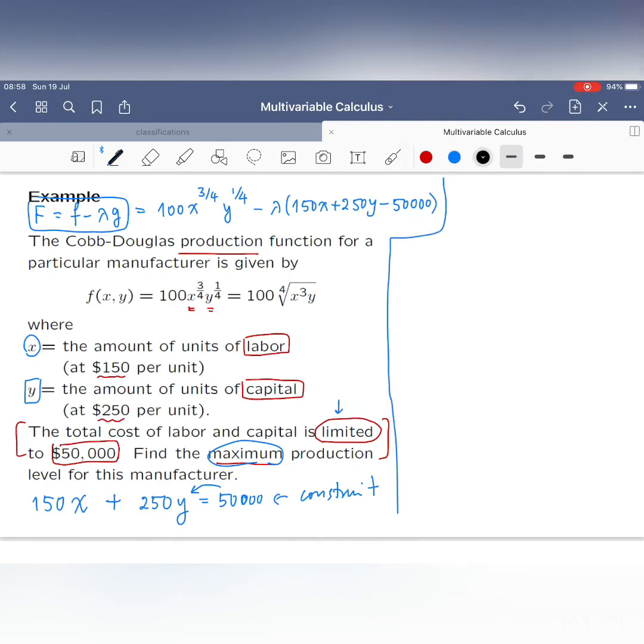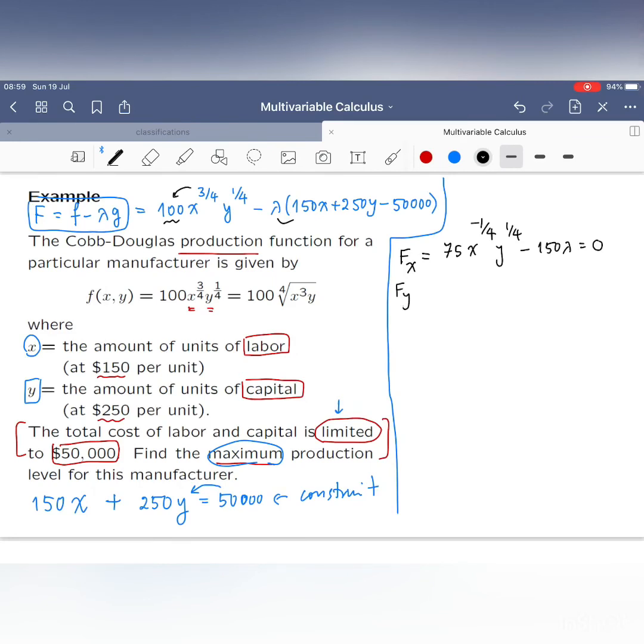So first, what you need to find is your f sub x, which is a little bit difficult. It is 3 over 4 multiplied by 100, so your 4 will divide 100 to be 25. So you got 75 x raised to the power negative 1/4 and y to the 1 over 4. And then don't forget this one, minus 150 lambda. You make it equal to 0.